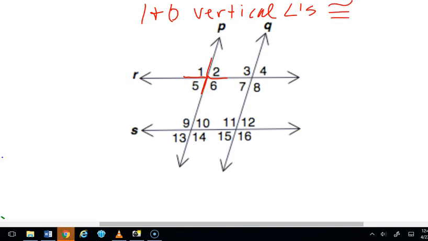Then I'd like to know what kind of relationship is between angle 1 and 2. If I talk about 1 and 2, we say these are a linear pair, and these are supplementary.